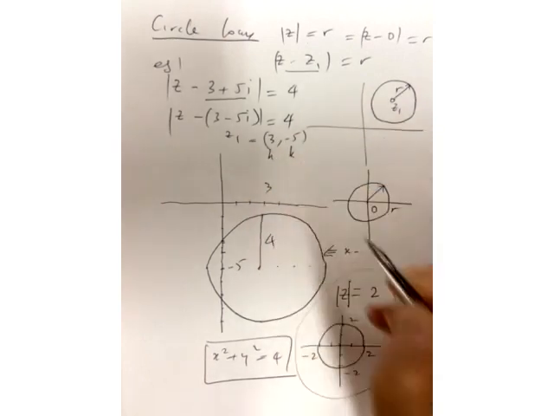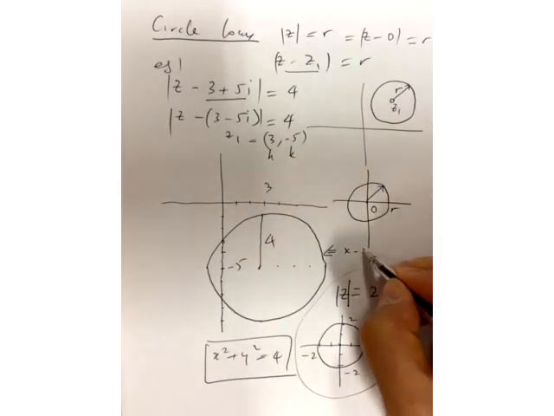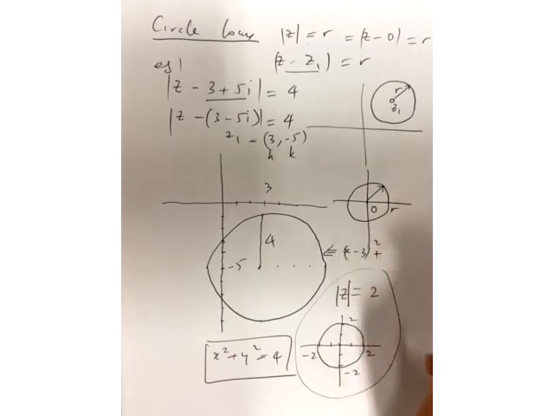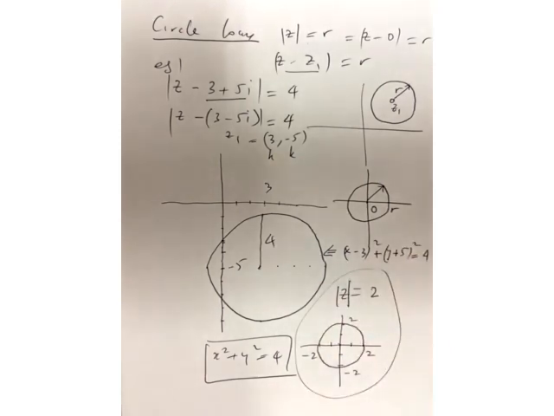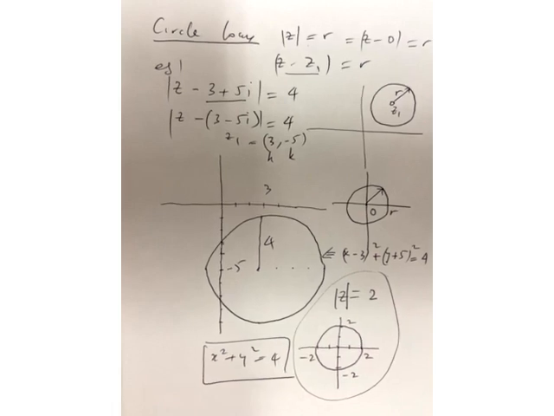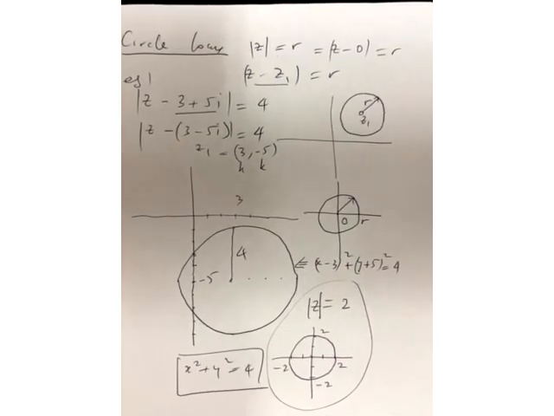This is your h and this is your k. So it's x minus 3 all squared plus y minus negative 5, which is plus 5 squared, equals 4 squared, which is 16. And that's your Cartesian equation for your circle of the first example.